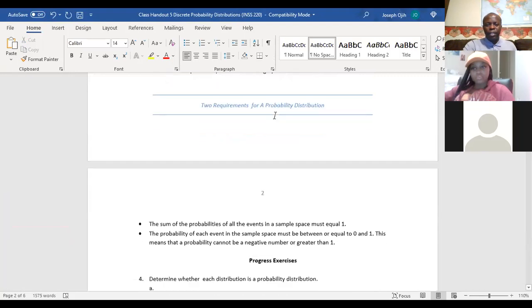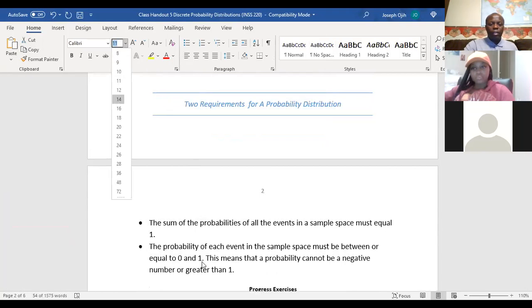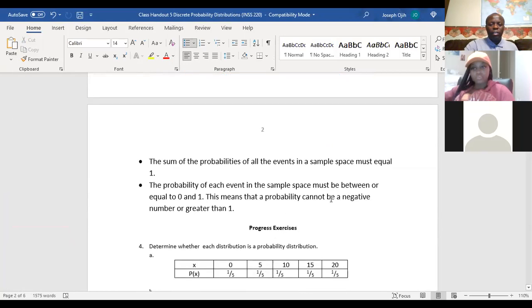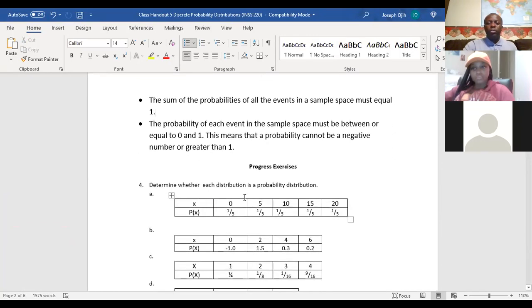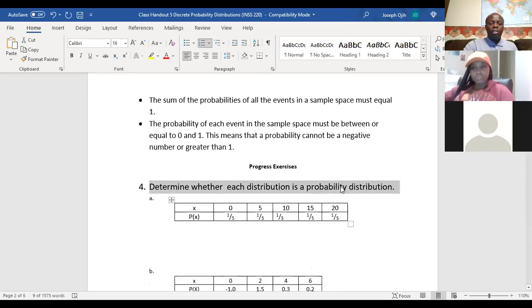Remember the rule, the 2 requirements that I just explained. Those 2 requirements are that the sum of the probabilities in the sample space must equal 1, and that the probability of each event in the sample space must be between or equal to 0 and 1. So based on that, look at this one here. It says determine if either or any of them is a probability distribution.